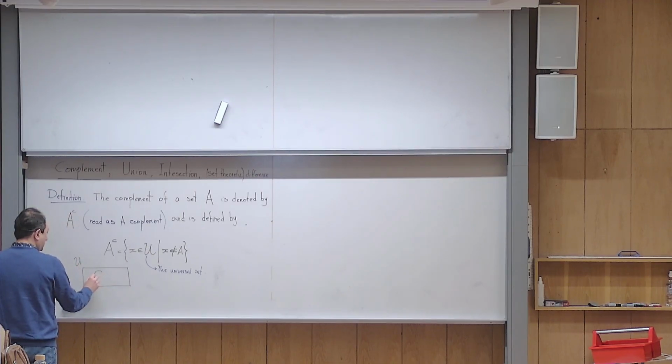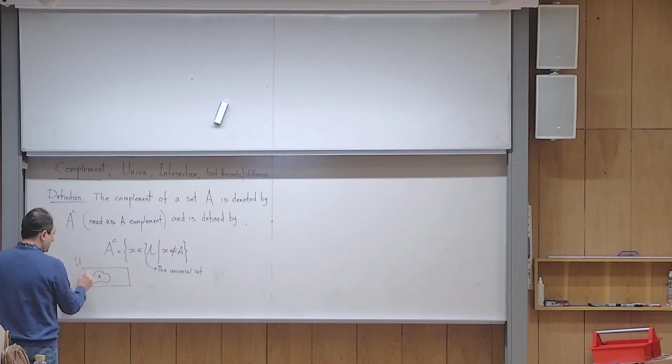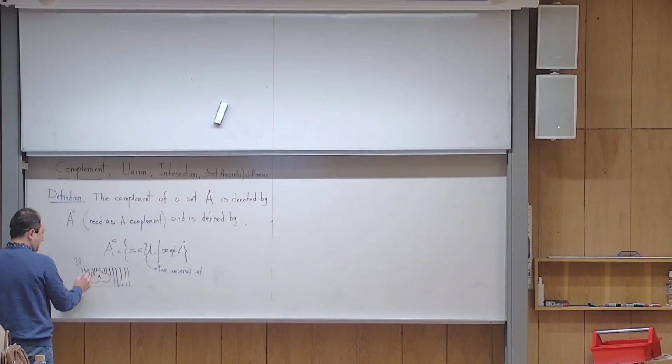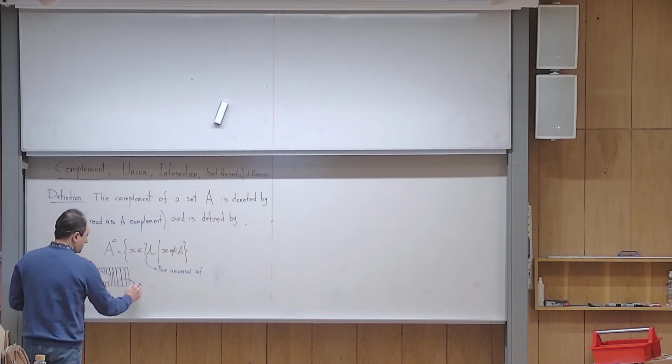And then you have, for example, your set A here. Whatever is in the universal set but outside the set itself is called the complement, yes? So if I color this blue region, this is representing A complement.